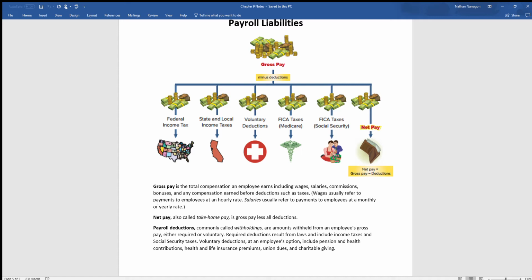It is the good old-fashioned net pay. So this is the amount that actually comes to us, that goes into our bank account, that we get to spend on whatever we like. And some may be great, some may be bad. If you're in the latter category, I feel for you.